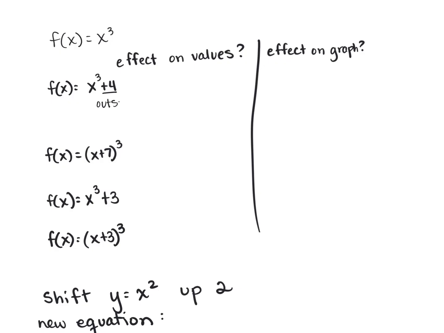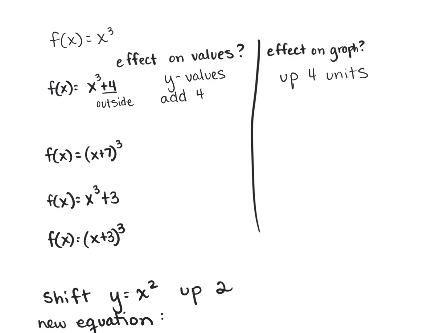So that means that it is a vertical change, and it will affect the y values. So these y values will be impacted because you will add 4 to each one of the y values. All right, and then the effect on the graph, because I'm adding 4 to every single y value that it has, it means it goes up 4 units.